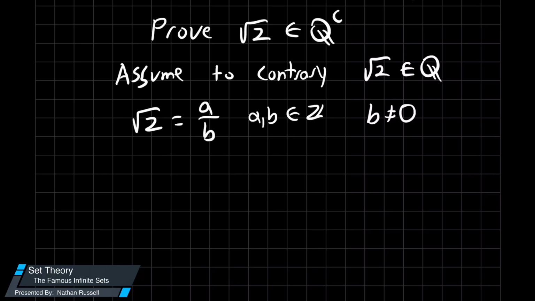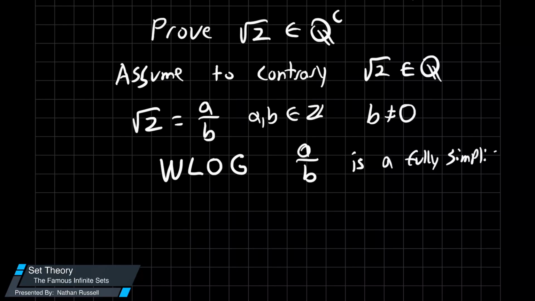Now, here we're going to make a little bit of a logical leap that maybe you'll just have to trust me on being valid, but I don't think it requires that much faith to believe that it's true. If we have a fraction of two integers, then what I could say is, without loss of generality, which is typically how mathematicians will write it, which means that we're making an assumption that is not really an assumption, it's just natural that we would say it, that a over b is a fully simplified fraction.